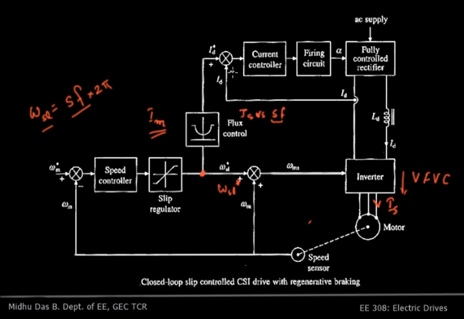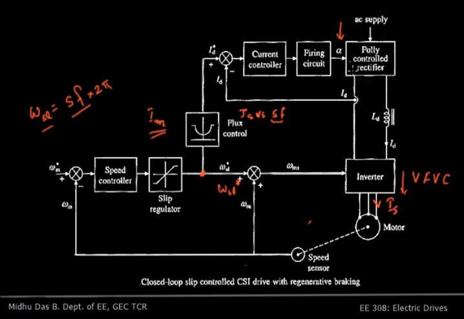So the ID reference is compared with the actual ID that is sensed, and the current controller will finally produce the signal to the firing circuit to generate the firing angle for the fully controlled rectifier, which is connecting this AC supply to this DC link.